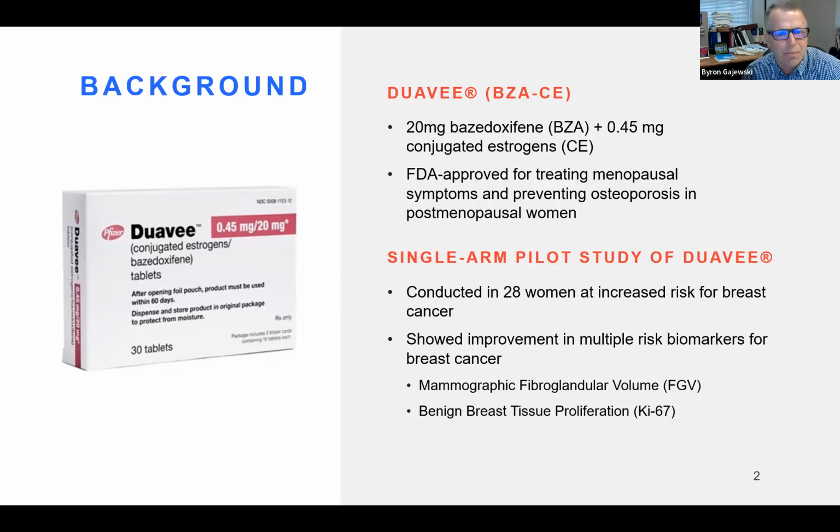And because of this improvement in this single arm design, it is hypothesized that this could potentially be indicated for breast cancer prevention, in addition to treating menopausal symptoms. So hence the next trial design, the phase 2B trial design.